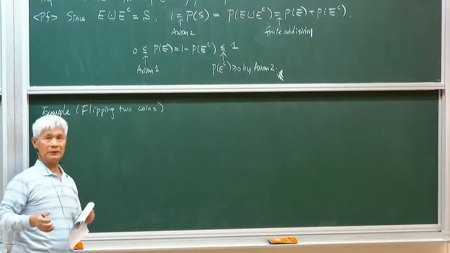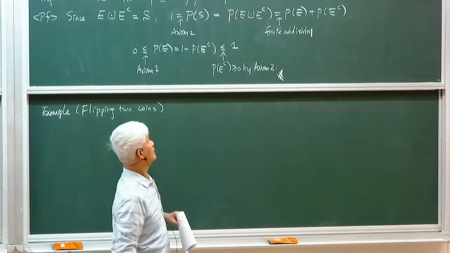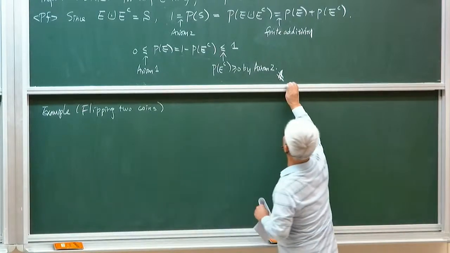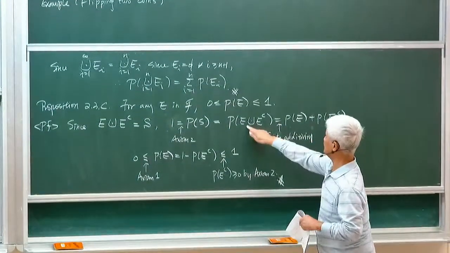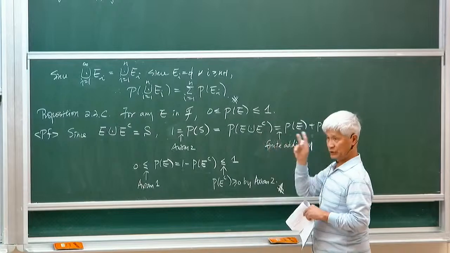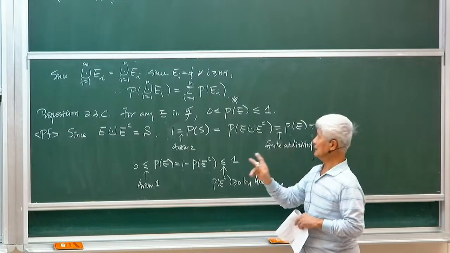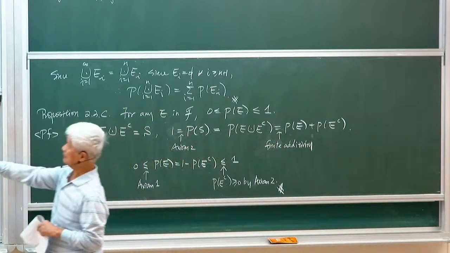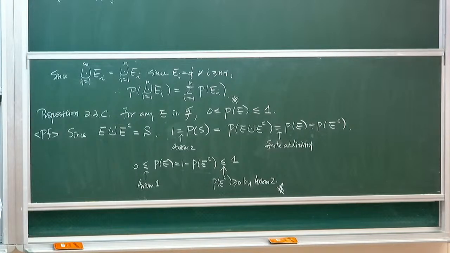Oh, okay, yes, please. How did we write the last probability of E? Because this is the disjoint union of 2 events, so by finite additivity, n is equal to 2, right?